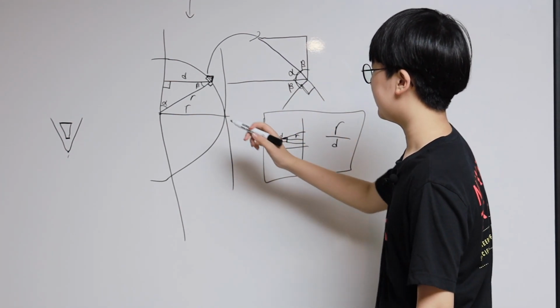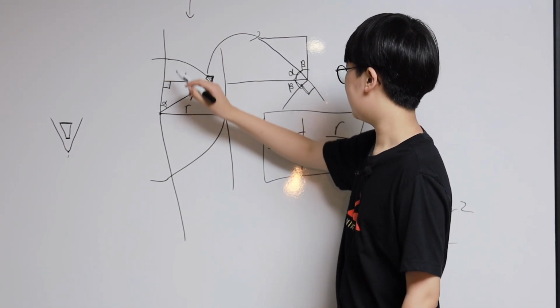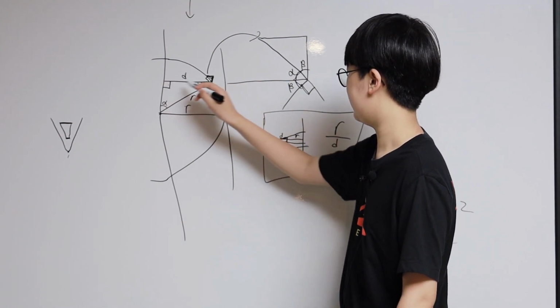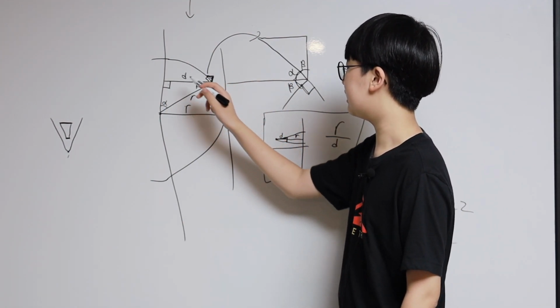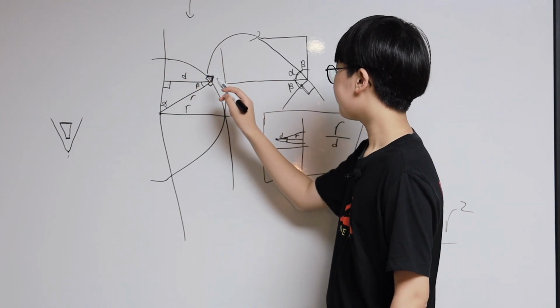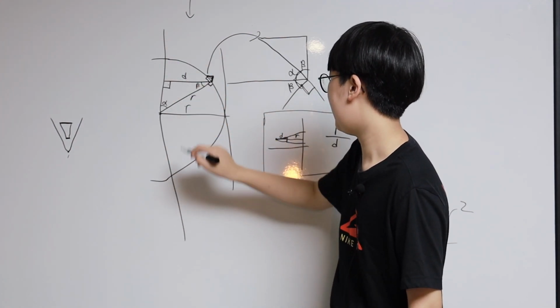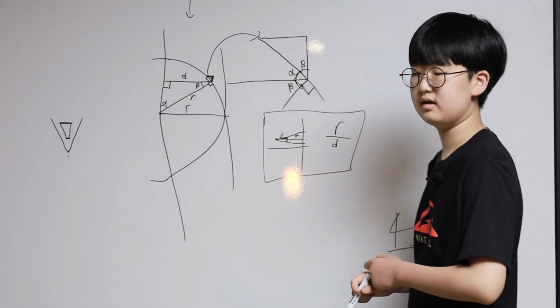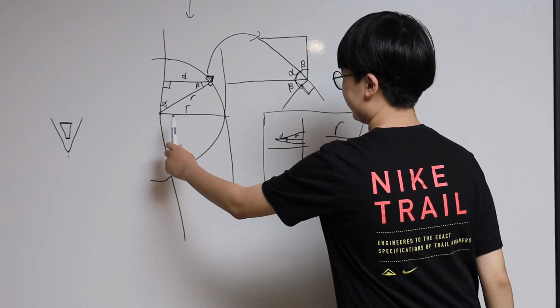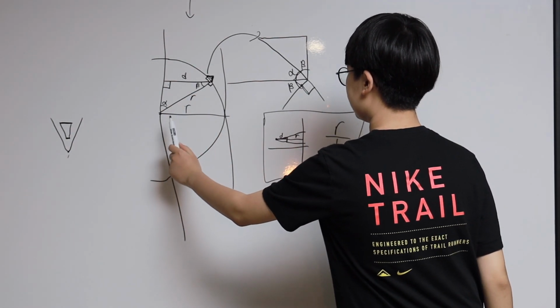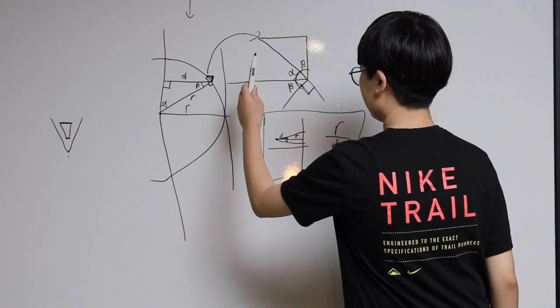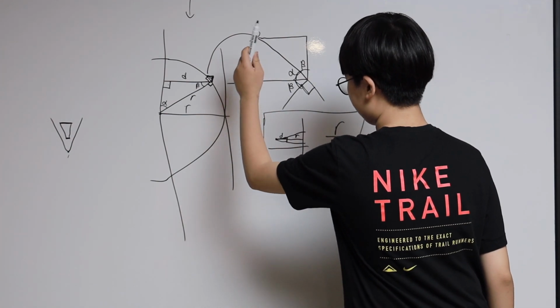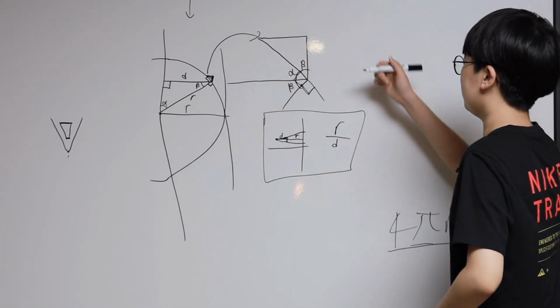And that makes this beta, because this line is D, the length from the square to the parallel line that is touching the center of the sphere, parallel to the label.